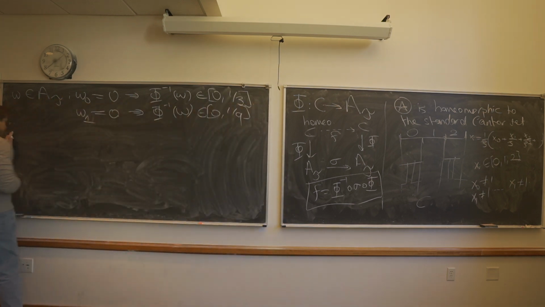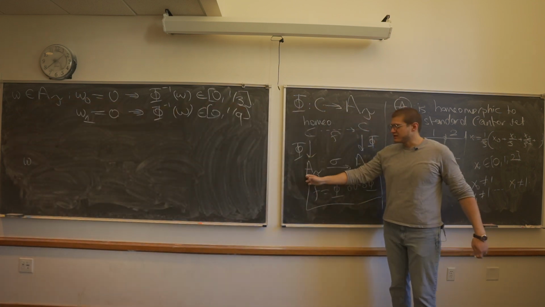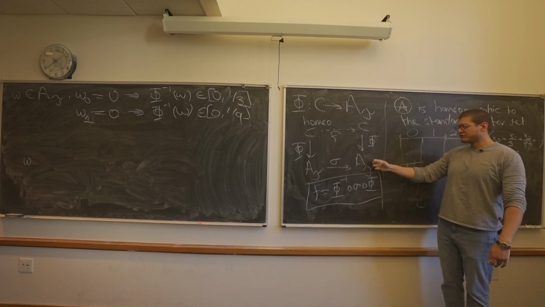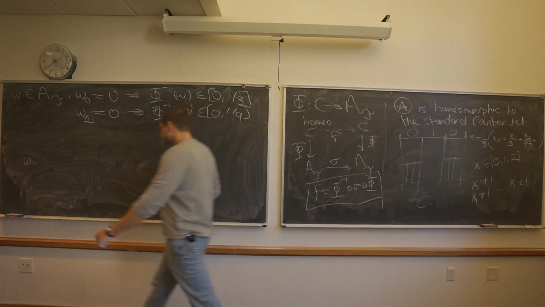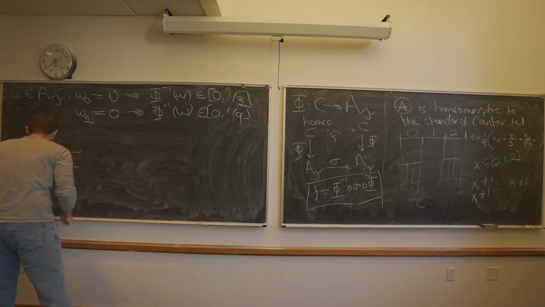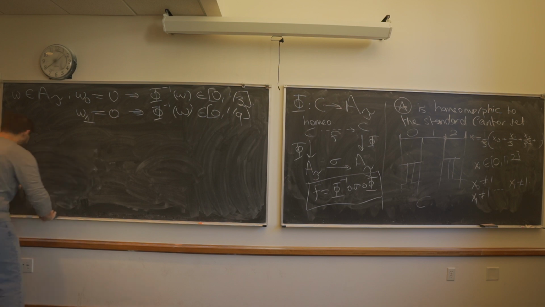So what happens if I were to apply the shift to it? Now I'm going to chase the diagram. My omega here, I'm imagining, and I'm going this way, applying the shift. So let's read it like this. I said 0, 0.